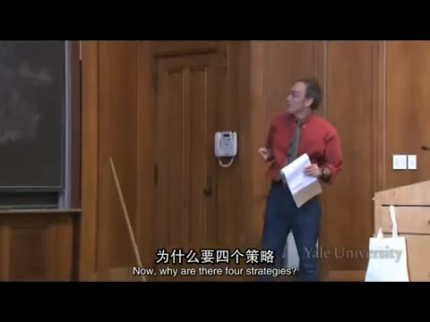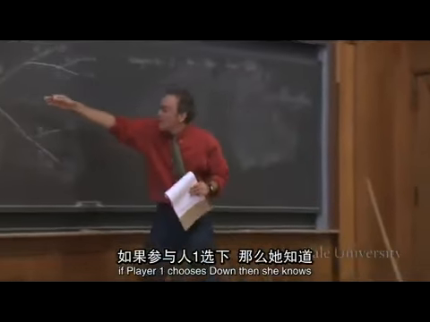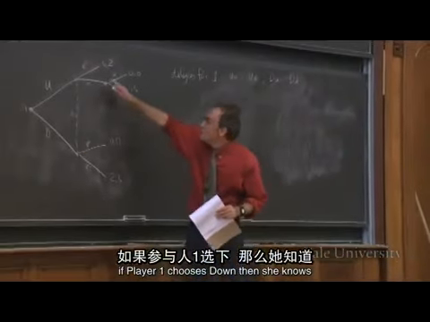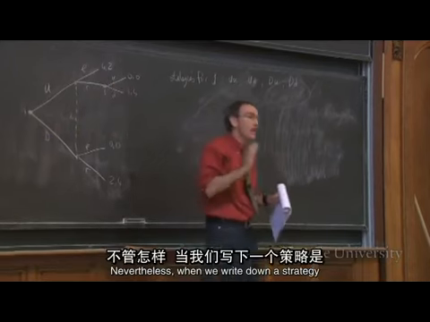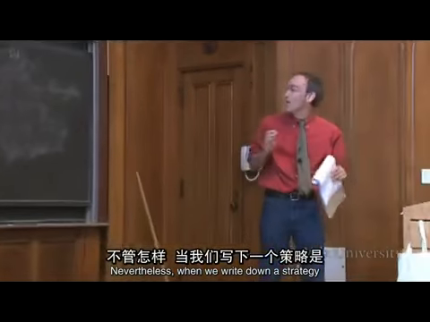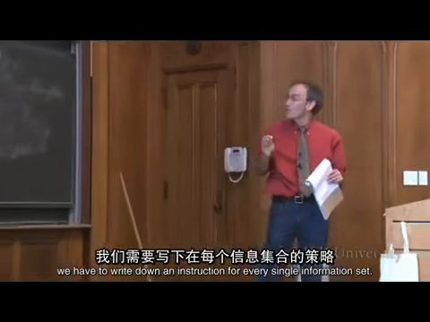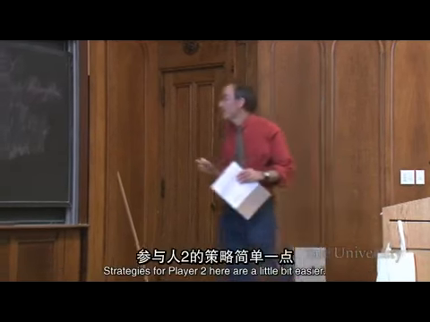Now, why are there 4 strategies? It's a bit of a surprise, perhaps, because if player 1 chooses down, then she knows she will never have to make a choice at her second information set. Nevertheless, when we write down a strategy, we have to write down an instruction for every single information set, so we include both of those strategies.